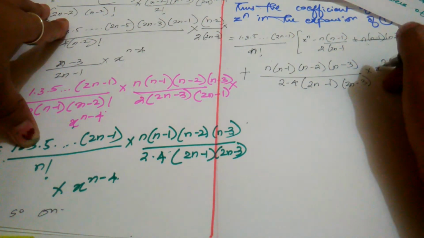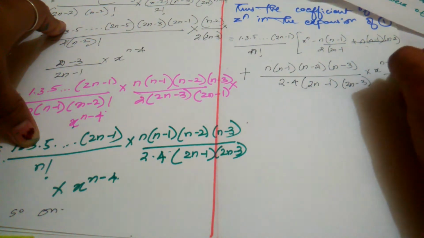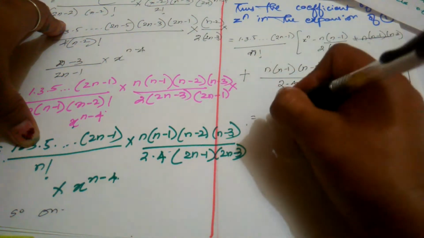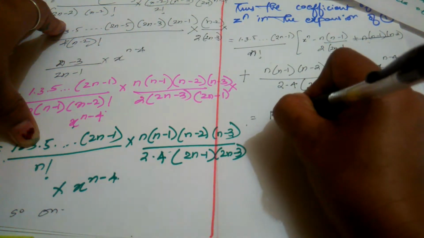Okay, n minus 4 plus higher powers. Okay, so which is nothing but Pn of x.